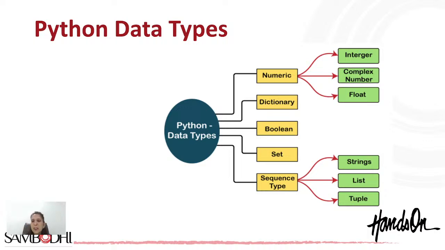Number means integer number, complex number, and float, if you see over here. Okay. Then we have dictionary. I'll tell you what it is. Boolean. We have sets. And then you have the sequence type. So sequence type is string, list, and tuple. So we'll quickly talk about all of them one by one.